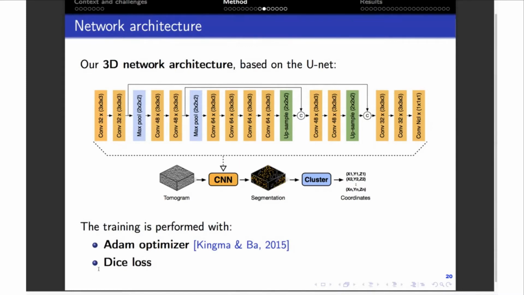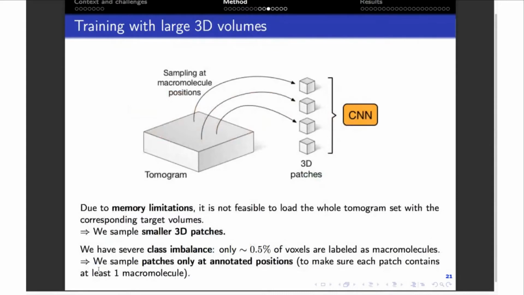We also had to adapt the training procedure to be able to run on large 3D volumes. Due to memory limitations, it is not always feasible to load the whole tomogram set. And therefore, we sample smaller 3D patches. Moreover, in cellular tomograms, there is a severe class imbalance.